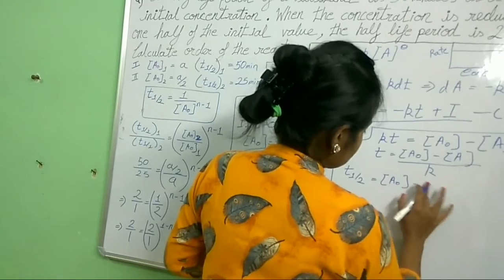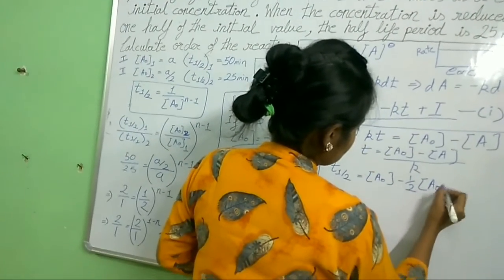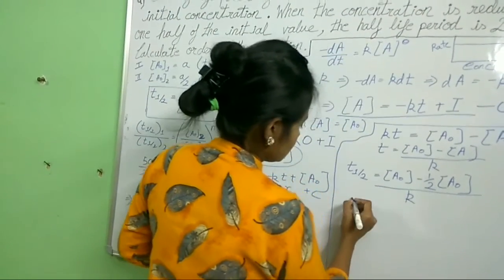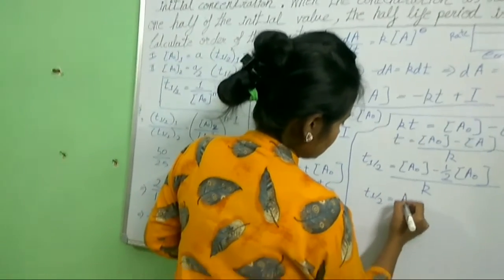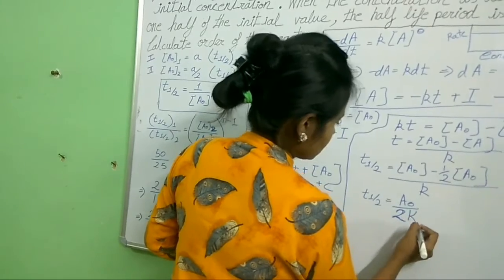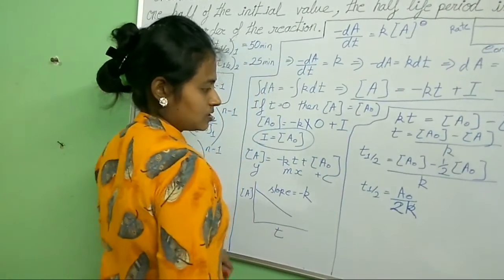You can write it in this way, half A naught, right? Half A naught by K. So what will be T half? T half will be A naught by 2K, right? Sorry, this is small k. A naught by 2K, right?